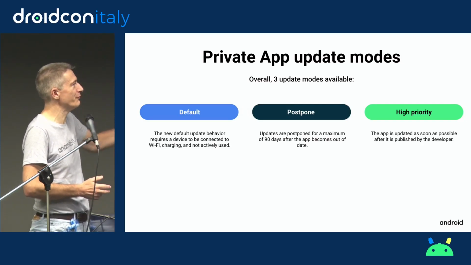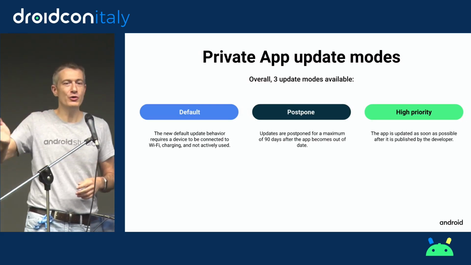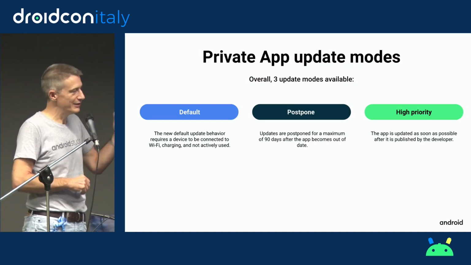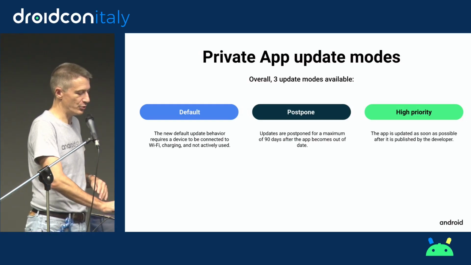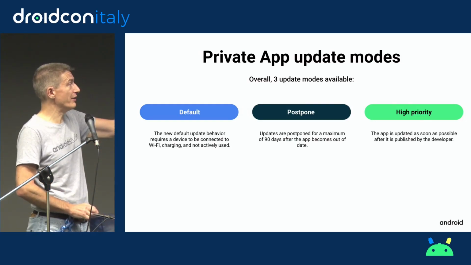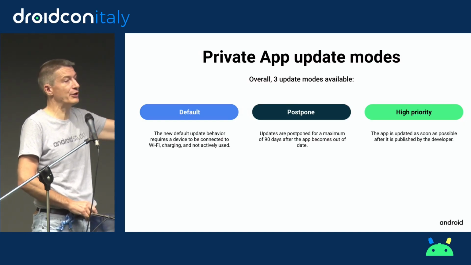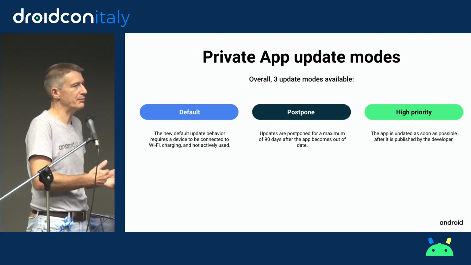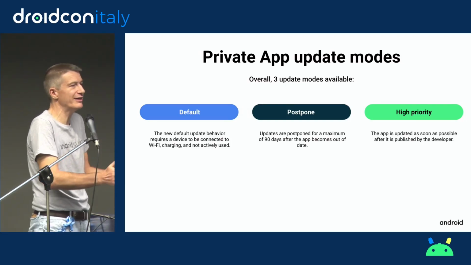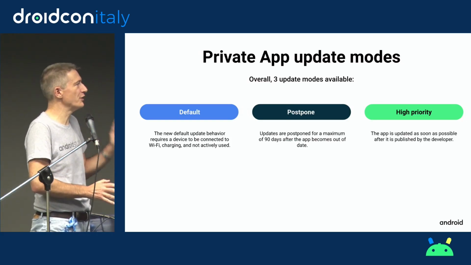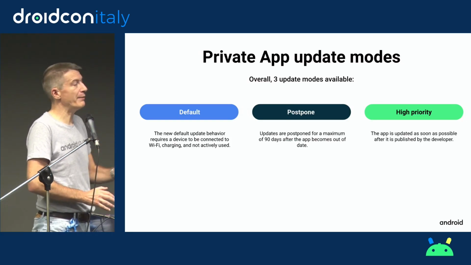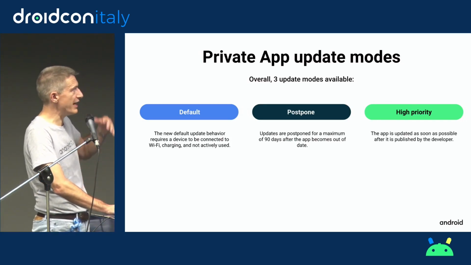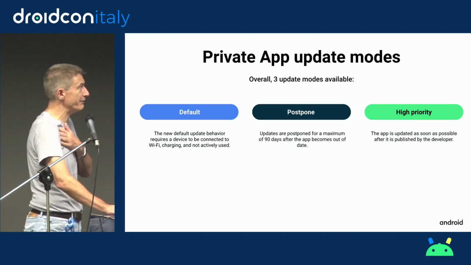So I can postpone for 90 days. You push a new version in October, they stop it, and they deploy the application in January, just when it's safer and more quiet. Or the other way around, you can have a high priority. You want to push an application as soon as possible because there is a security update, or maybe because there is a new feature that is needed at this moment. You finish the update and it is pushed with high priority from the managed Google Play to all the devices. Again, this is an advantage of having a private application.